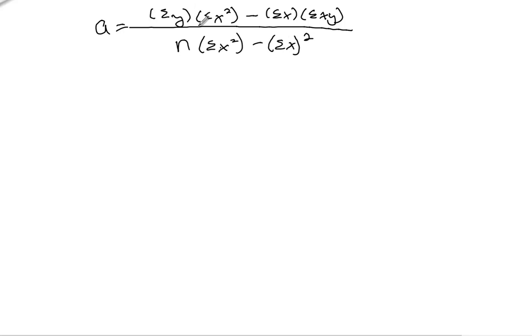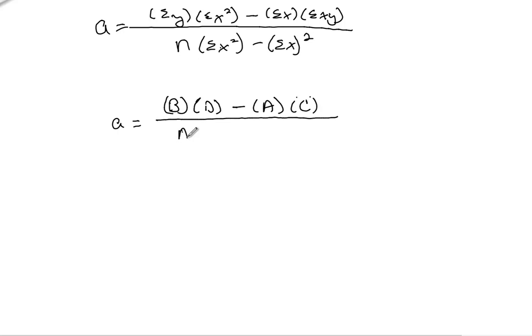If I rewrite this based on those columns that we were looking at earlier, that is the sum of column B times the sum of column D, minus the sum of column A times the sum of column C, divided by n, and remember n is how many pairs you have, times the sum of column D minus the sum of column A, squared.